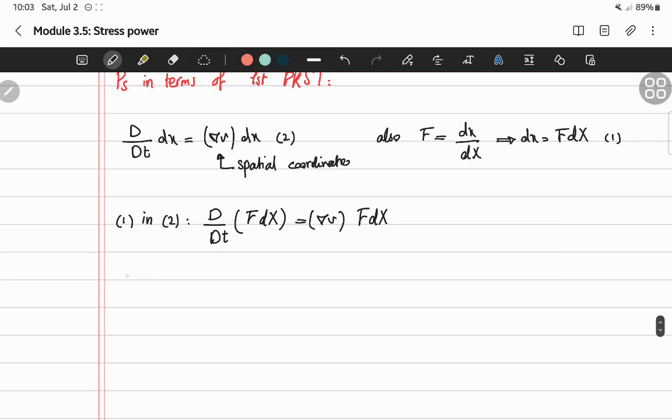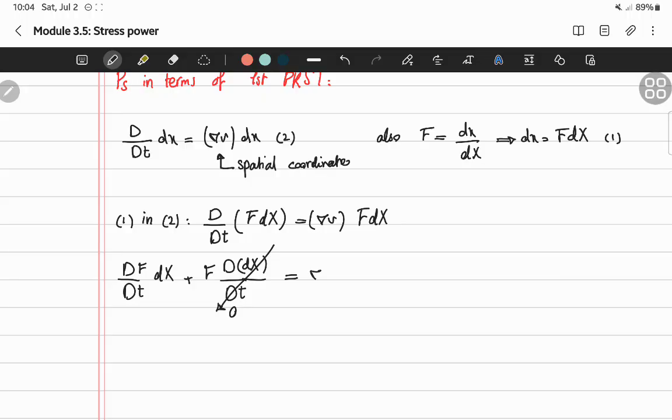So if I expand this, this is d/dt of F dX plus F d/dt of dX, and this term is basically 0. Why? It's because dX is in the material coordinate, and for the first Piola-Kirchhoff stress tensor, we had the constant d capital X, so its derivative is 0 because it is in the material coordinate, it's in the reference configuration.